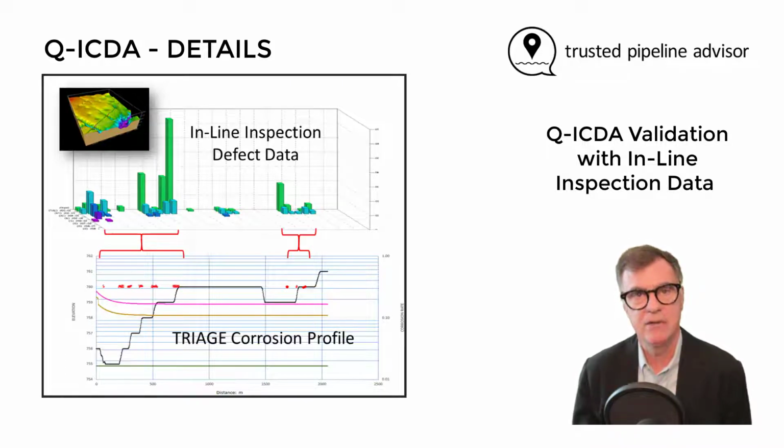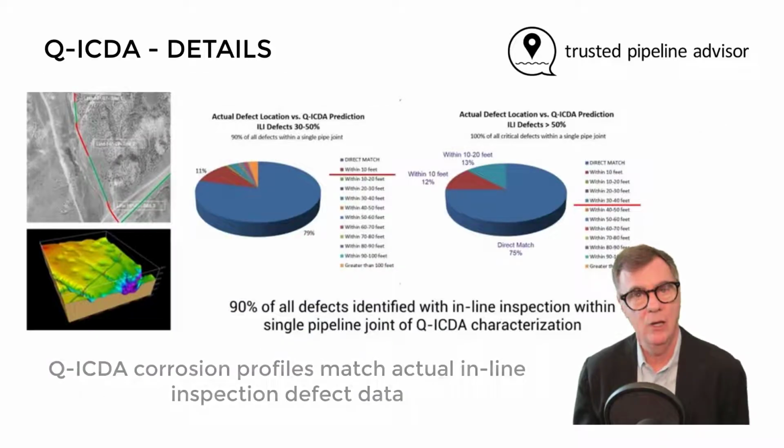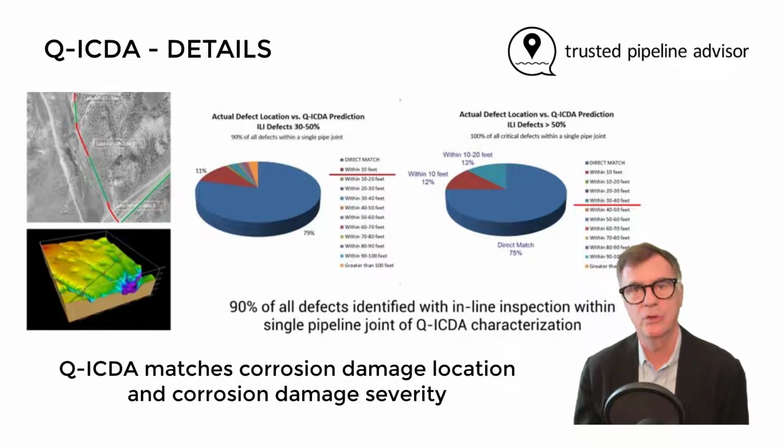Over the years, several regulatory agencies, major oil and gas companies, and major pipeline companies have independently evaluated the accuracy of our Q-ICDA corrosion hazard models against actual inline inspection data. In all cases, the Q-ICDA corrosion hazard models matched actual pipeline performance, both in terms of alignment with actual corrosion damage locations, but also in terms of matching the corrosion damage severity.